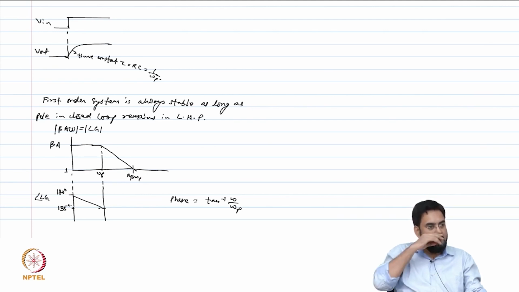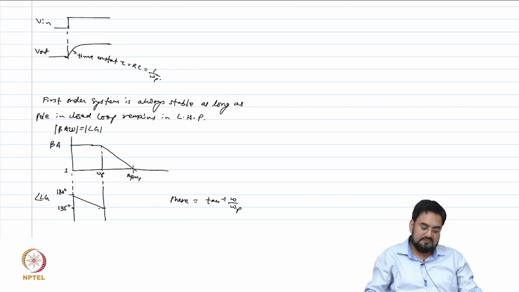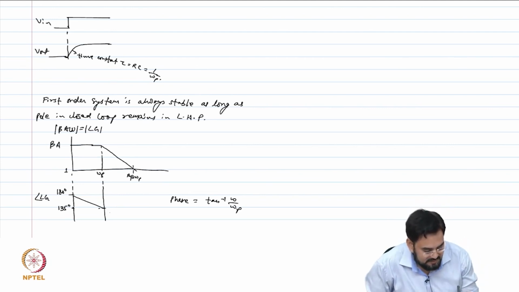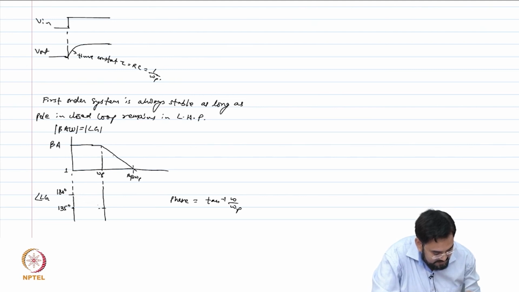Tan inverse 10 should be around 85 degrees, about 84 degrees.